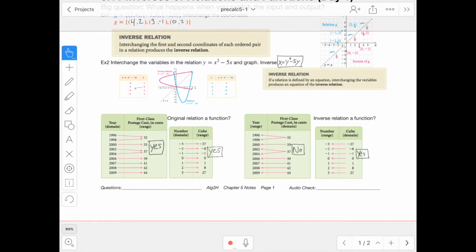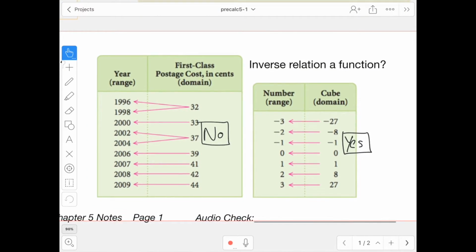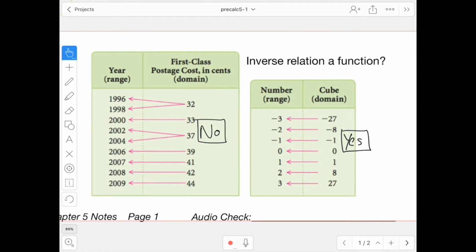But the next big question we're going to start asking ourselves is when we do take the inverse, when we switch the input and the output, is what we've created now also a function? And you can see here, if you switch the direction that these are going, these used to be the output, now they're the input. If the input is 44, then the output is 2009.